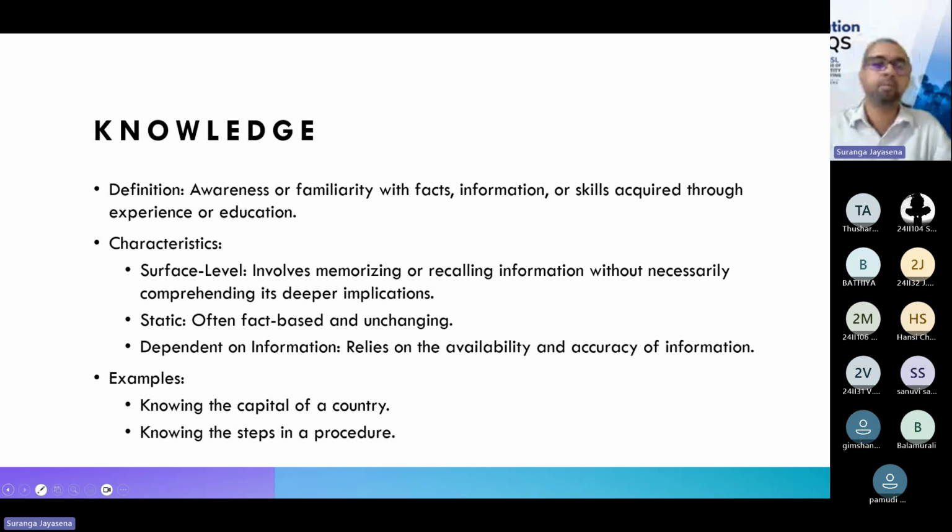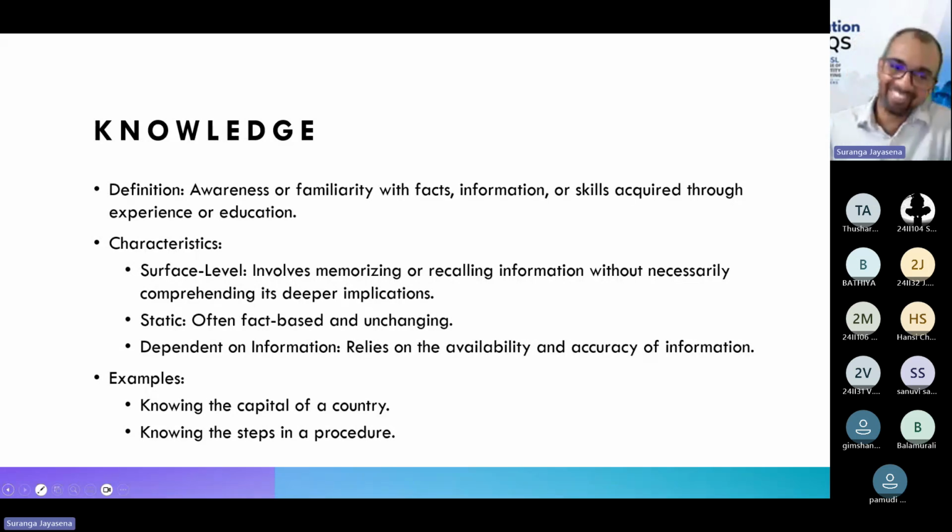Here are a few examples. Knowing the capital of a country, say the capital of Malaysia, what it is. That kind of knowledge, or knowing the steps in a procedure. Remember tea making?